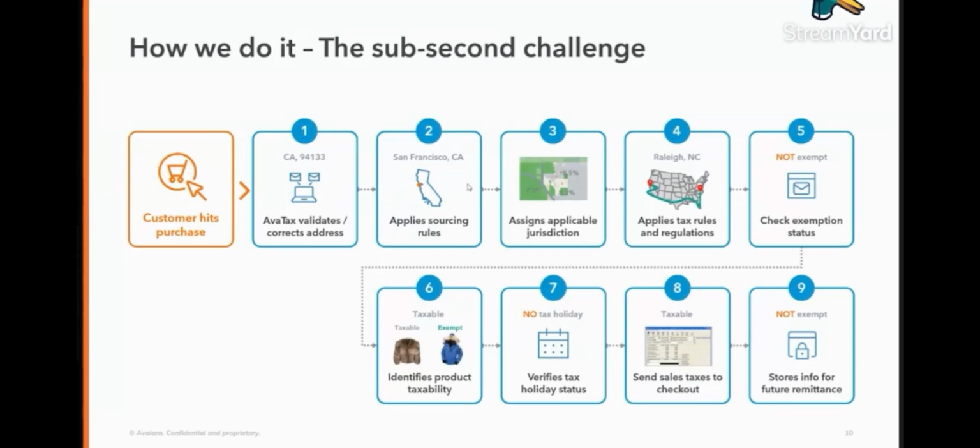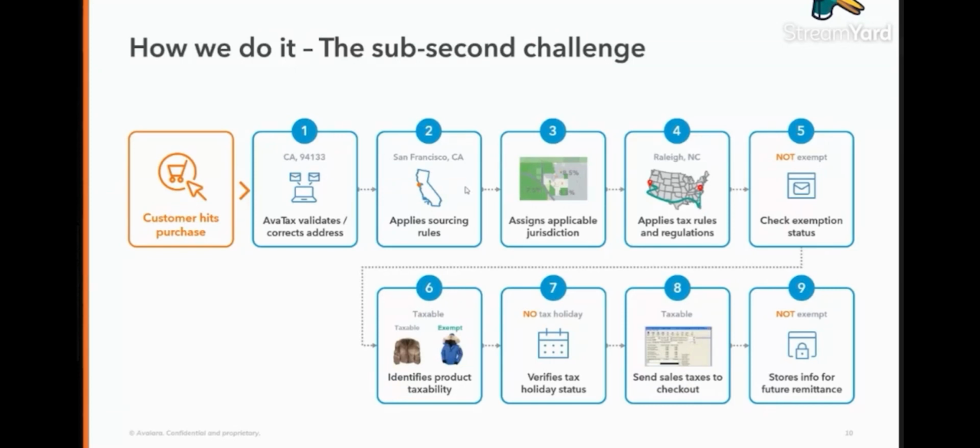Of course, it will take into account any sales tax holidays that would be possible. Then we send that to the actual invoice to get posted, and we remit it for the records to be able to file that sales tax return. So again, a little bit more detailed process, all of this happens within less than a second, and we do it for millions of transactions across the globe.